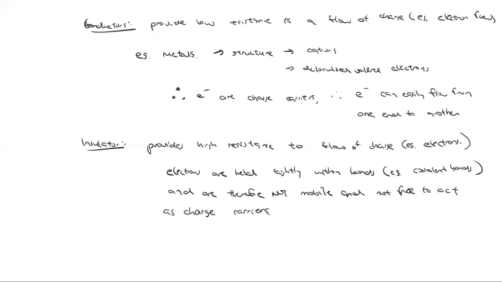As a result, if you can't act as charge carriers, then charge can't get from A to B, and therefore it's an insulator. Does that make sense? Okay. Good. So that's your brief introduction.